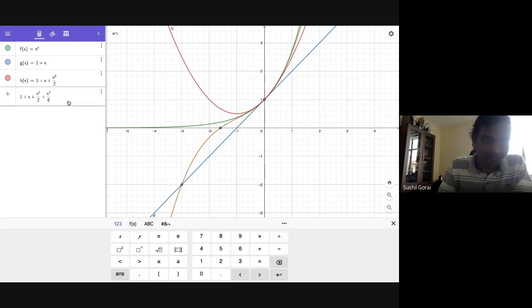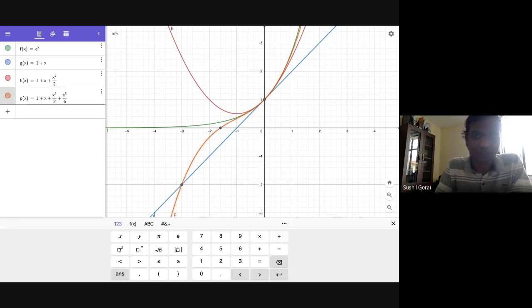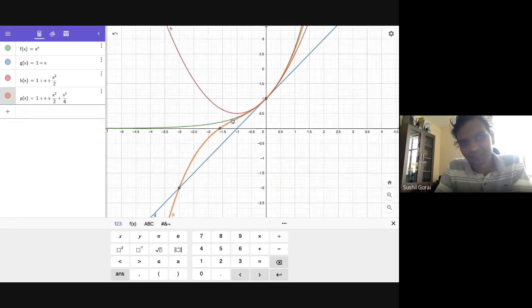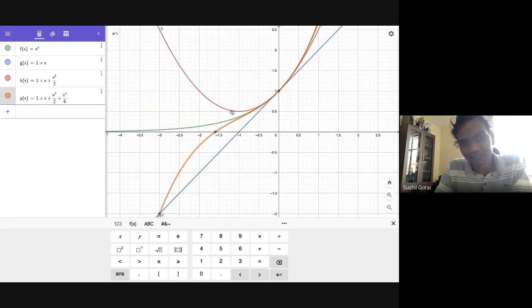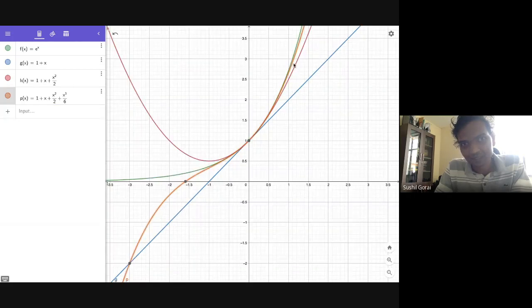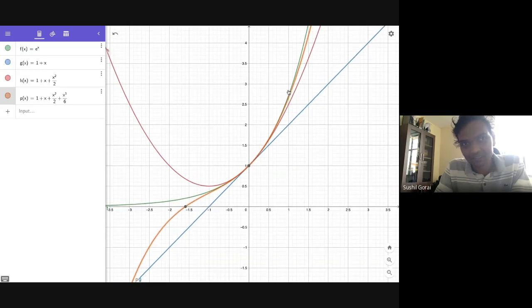So let's see how it works. See the orange one, see this portion. It is closer than this red one as well as this one, right? Even on the top, this orange one goes nearer to the original curve in green than this red one, right?